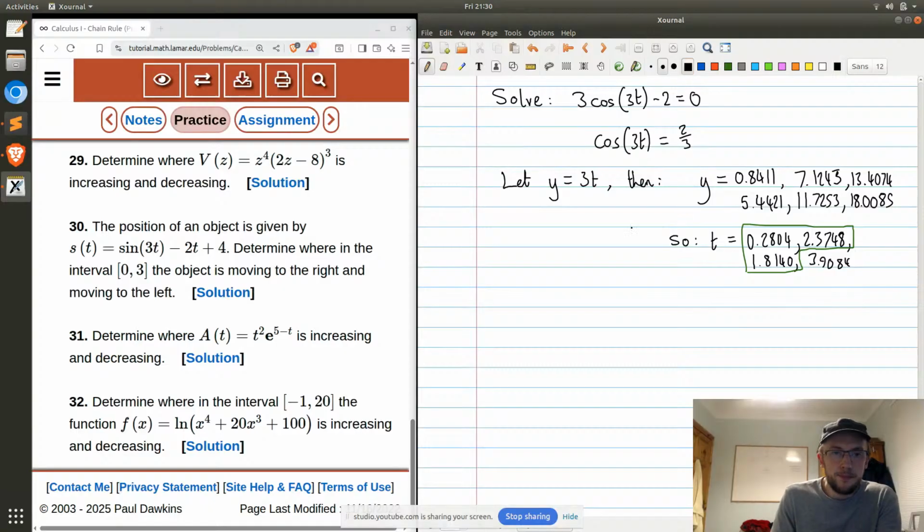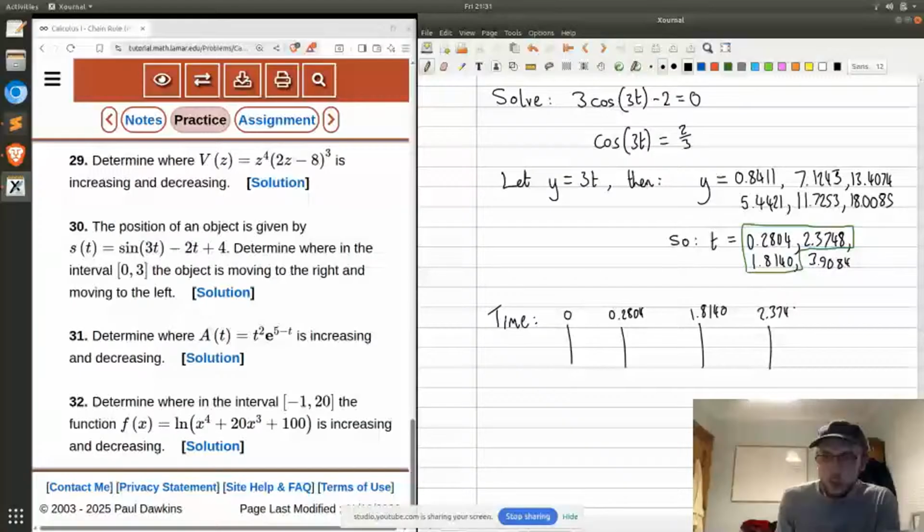And then we need to find out where the function is increasing or decreasing. Or rather, that's not true. We need to find out where it's moving to the right or to the left. So I know that the object is not moving at these times. And there's 3. And I just need to find it out for one of them.